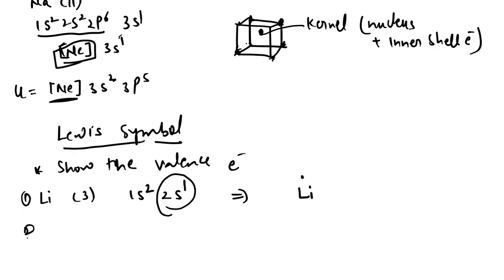After lithium we have beryllium, which has 4 electrons. In the outermost shell it has 2 electrons, so how do we show these 2 electrons? Like this, with 2 dots.